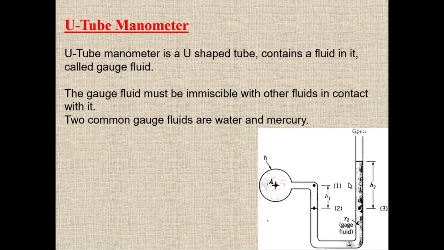The U-tube manometer is a U-shaped tube that contains a fluid called gauge fluid. The gauge fluid must be immiscible with other fluids in contact with it.